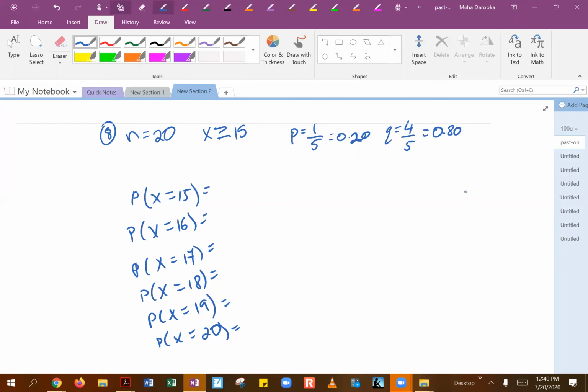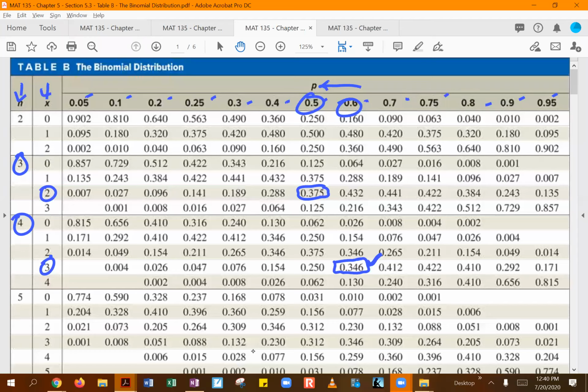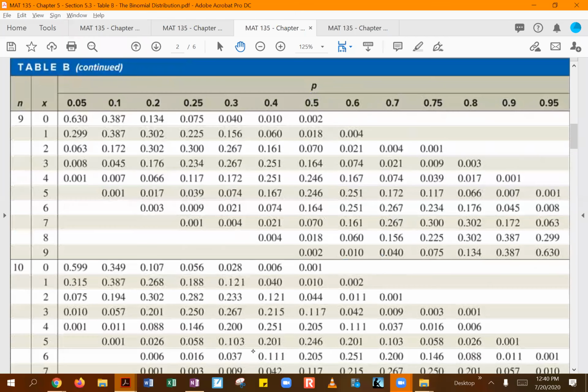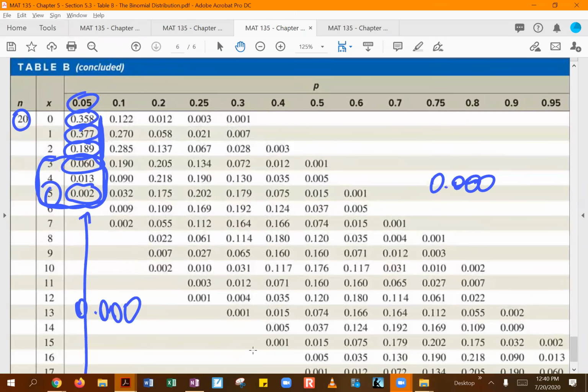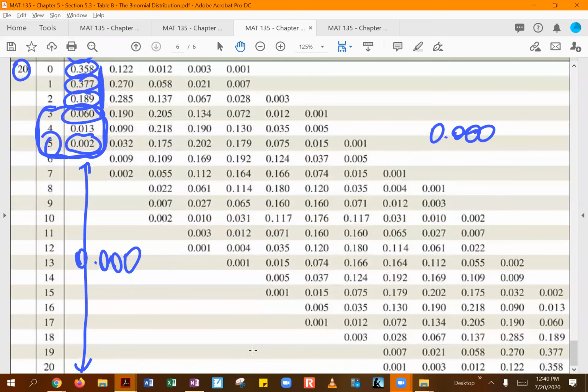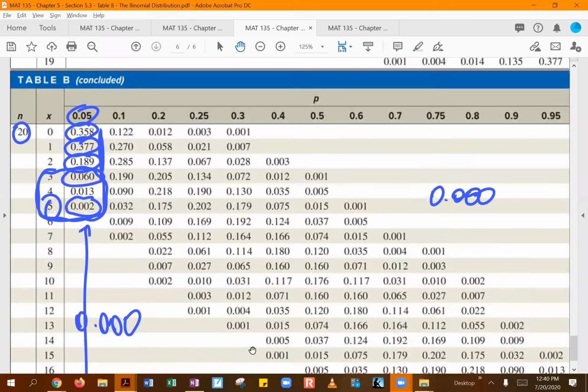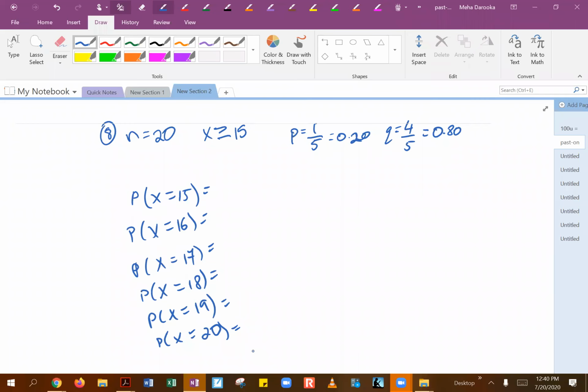Alexander, you've got 0. Okay, so our n value is 20. And it starts at 15 going all the way to 20. And the probability was 0.2.